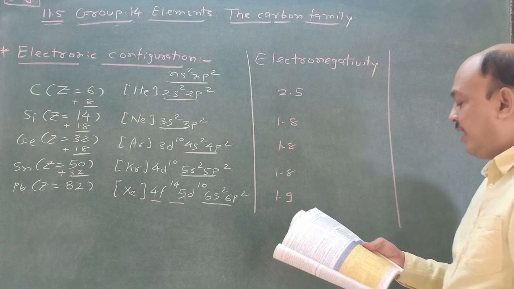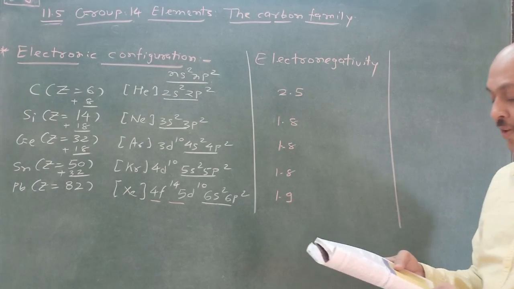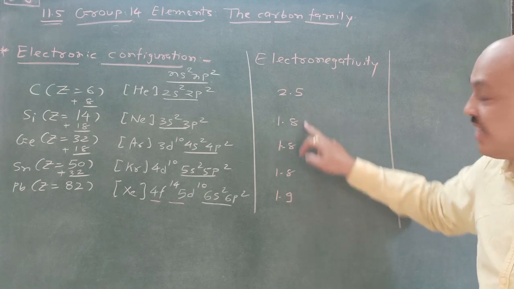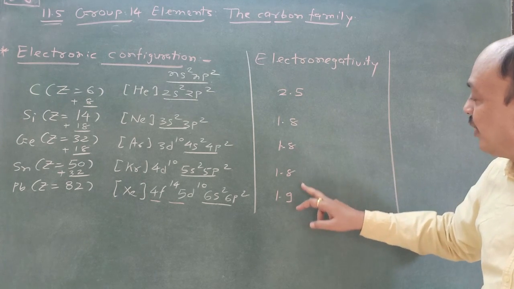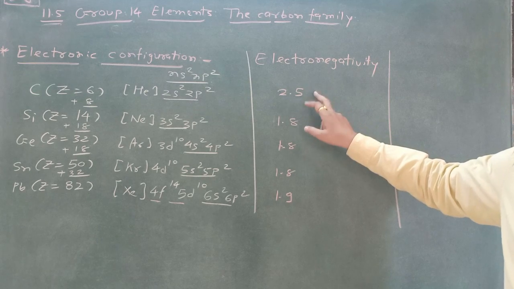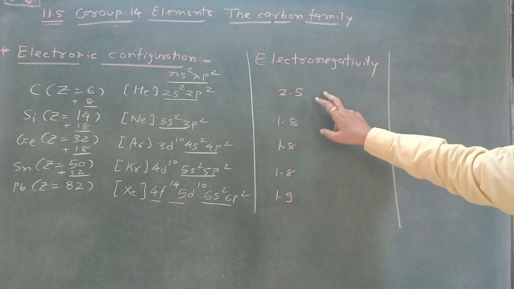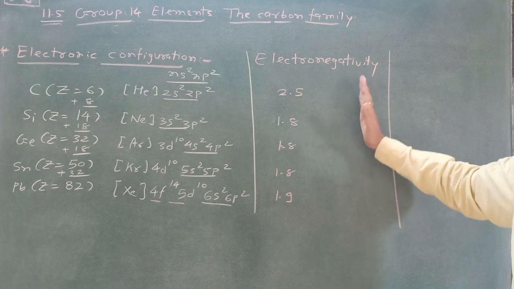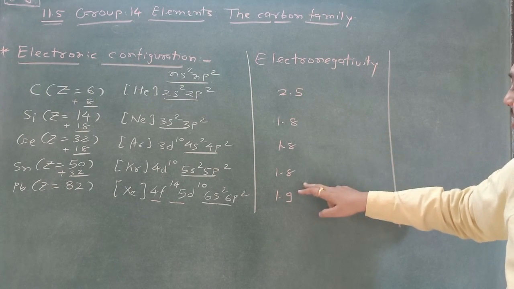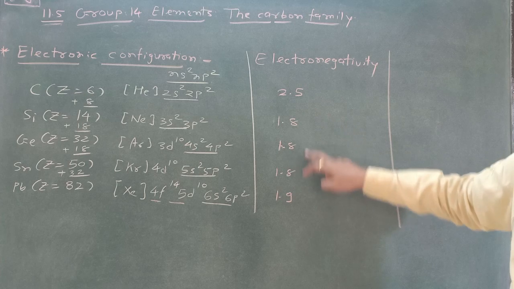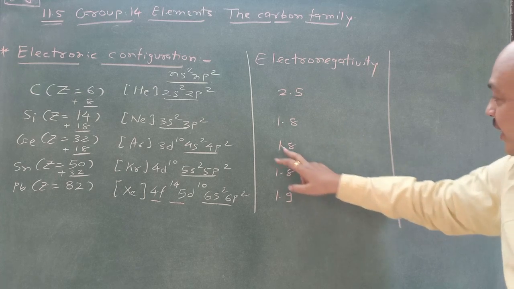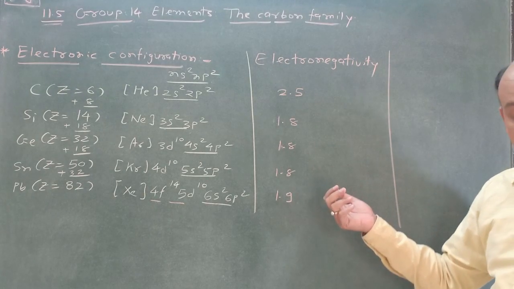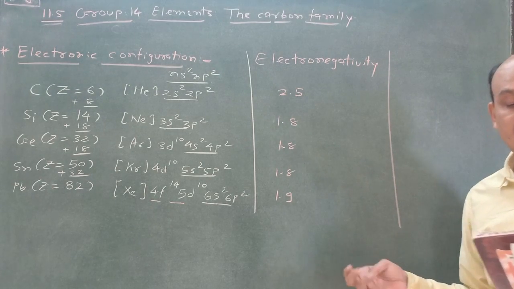Underline this: the electronegativity values for elements from silicon to lead are almost the same. Just see 1.8, 1.8, 1.8 or 1.9, and carbon possesses a very small atomic size, and that's why it is 2.5. You have to remember this. The electronegativity trend is similar, 1.8, 1.8, 1.8 and 1.9. So your electronegativity is also complete.